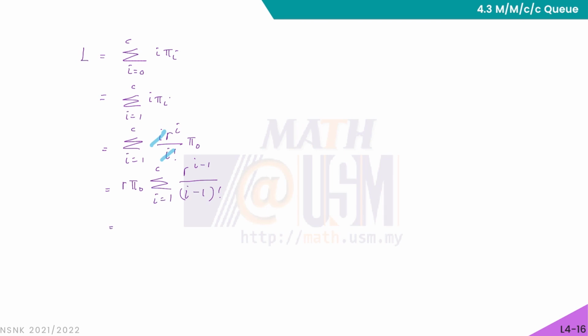Rephrasing this, on the right is the summation of n equals 0 up until c minus 1 of r to the power of n over n factorial.